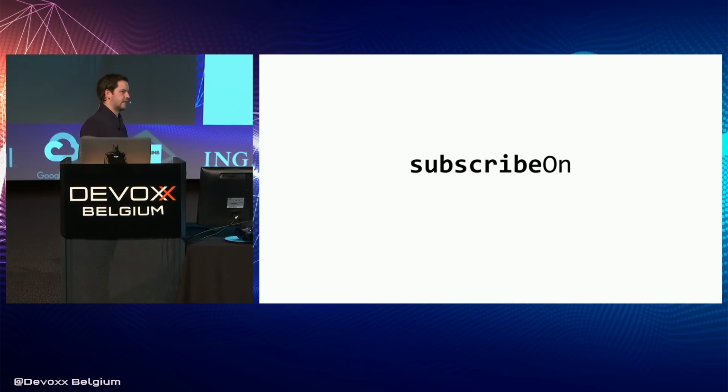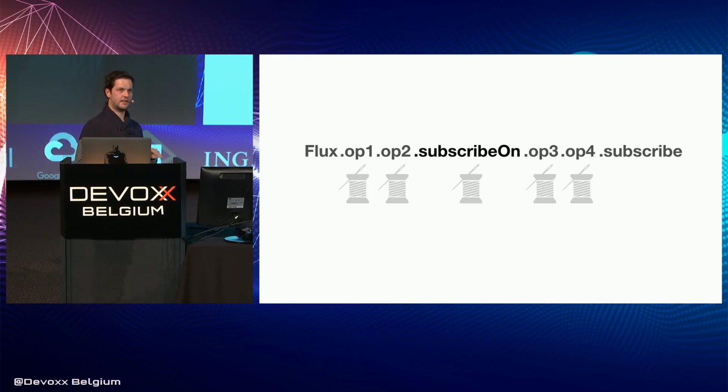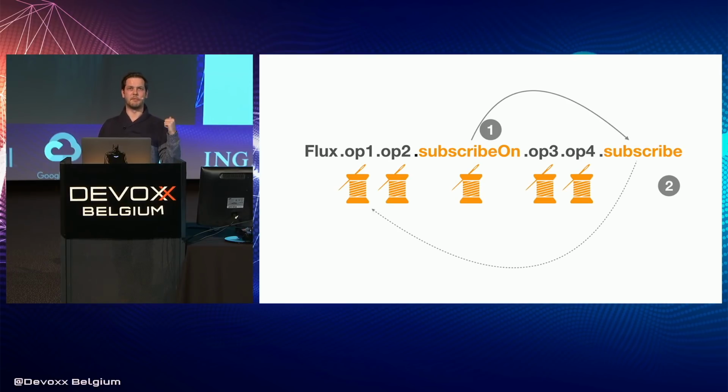Compare that to the second interesting operator, subscribeOn. So if you do exactly the same processing pipeline, except you switch publishOn for subscribeOn, what happens? Well, this happens. subscribeOn changes the thread where the subscription is performed. And that subscription signal flows upwards to the source and says, okay, I'm ready, I'm listening, please start emitting data.